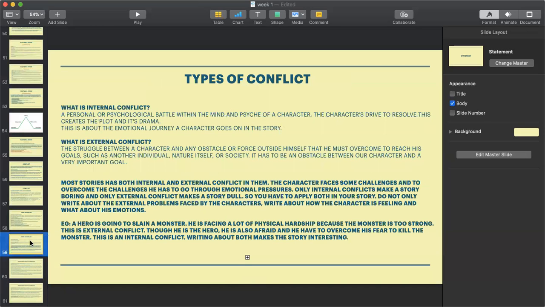Okay, so I think you got a very basic idea about conflict. And as I said, it's not only interesting, it's the most important part of a film or a story. Without a good conflict, there is no story. The story becomes boring.